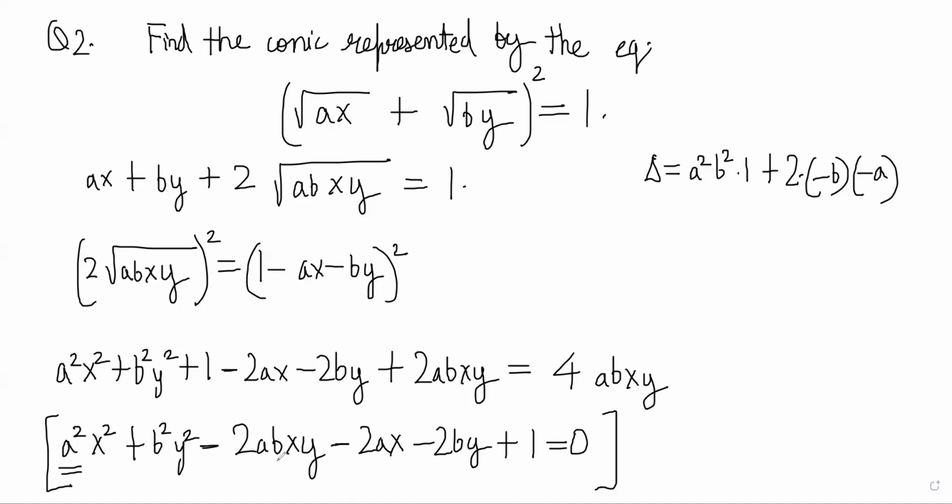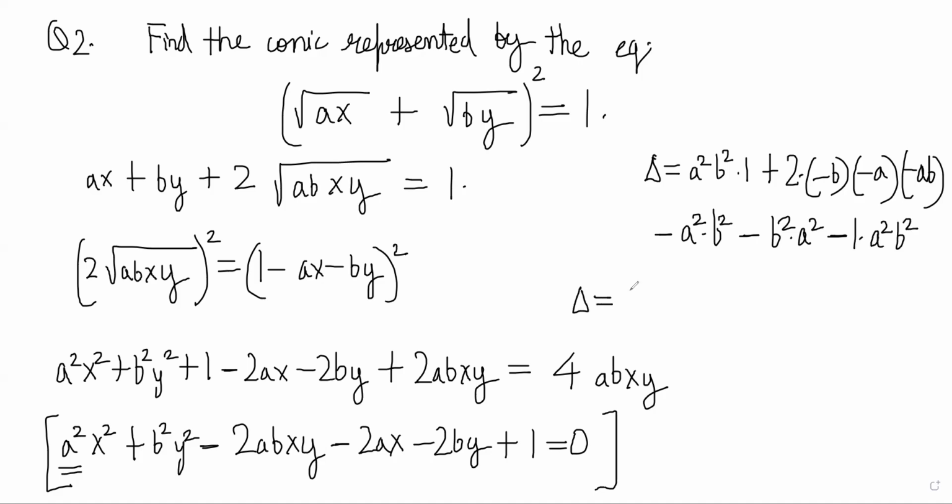And H is here, it's minus ab, right? And we have ABC plus 2FGH minus AF square. So minus a square. What is F square? It is b square. And then you have minus BG square. So b square, G is a, so a square. Minus CH square. C is 1. And H square is again a square b square.